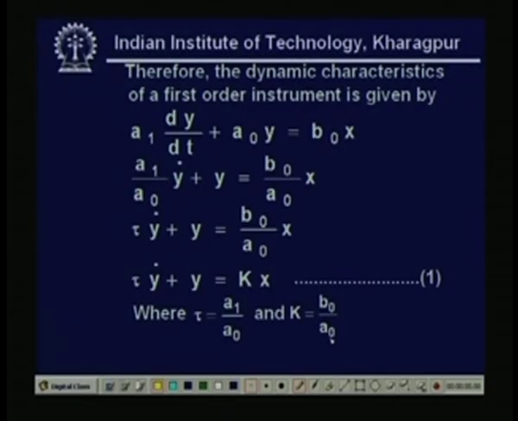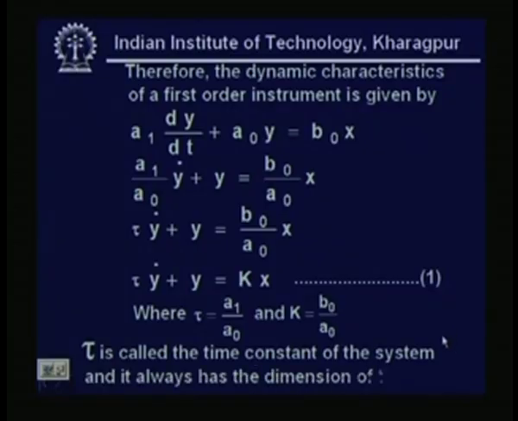And if you remember our nth order differential equation, A0, A1, B0 all depend on the physical parameters of the system. Tau is called the time constant of the system and it always has a dimension of time, quite obviously.